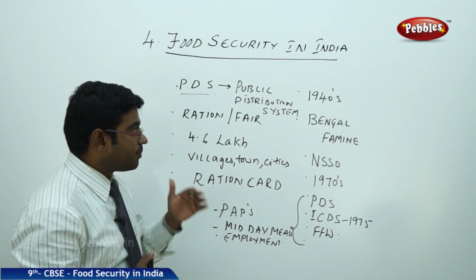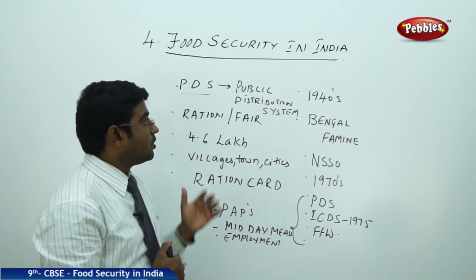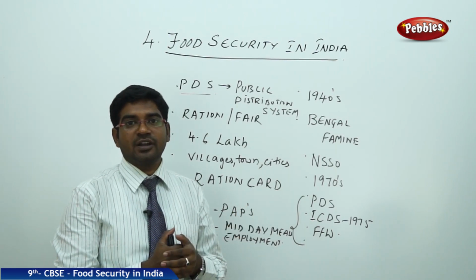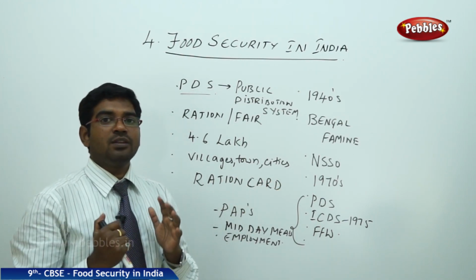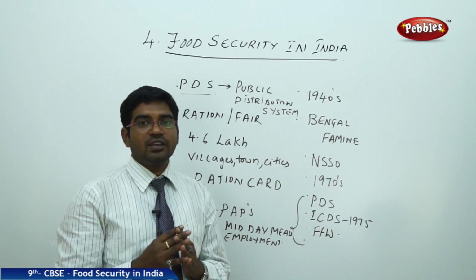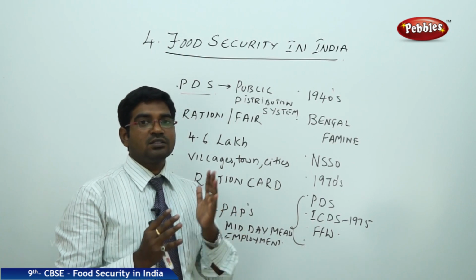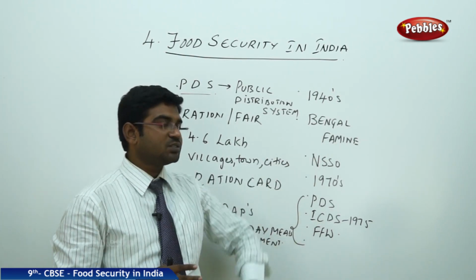Moving on, why have we implemented these food security schemes or the public distribution system in our country? When we go back to the 1940s, when the historic tragedy happened in Bengal, we lost nearly 3 million people. So India set up a plan to avoid such situations.